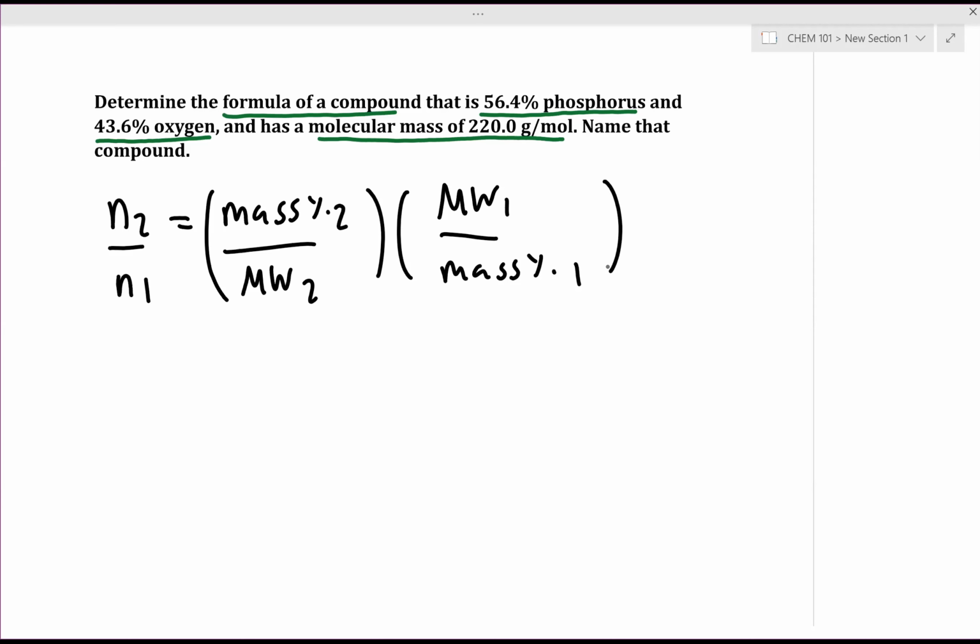Okay, and now your goal is, I'm trying to put some labels. So this is N2 over N1. So what moles are on top? What do you have as N2?